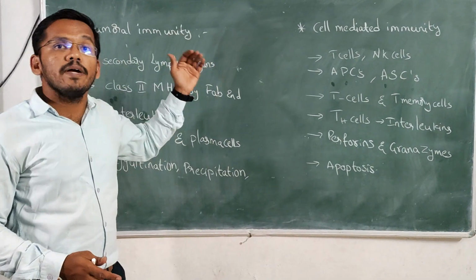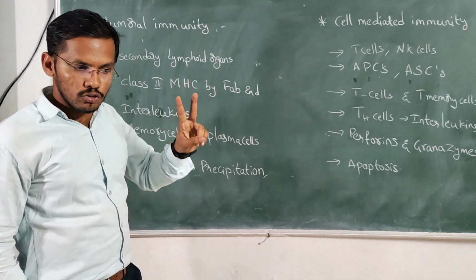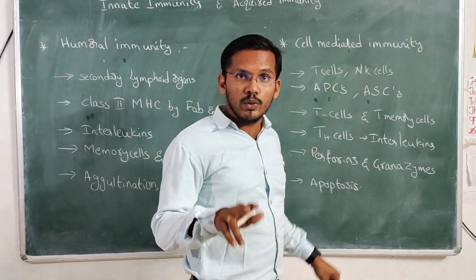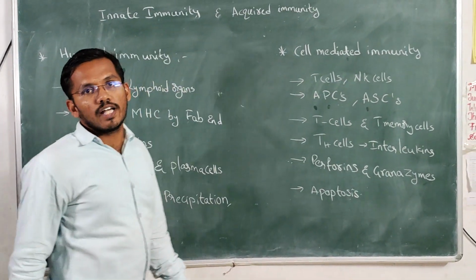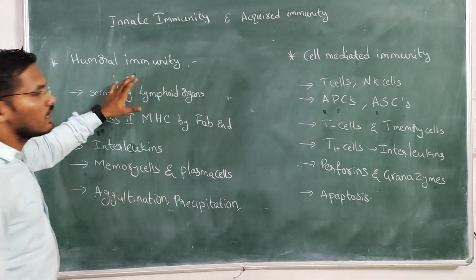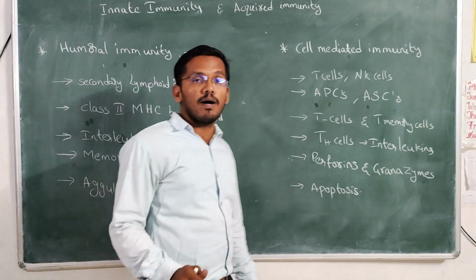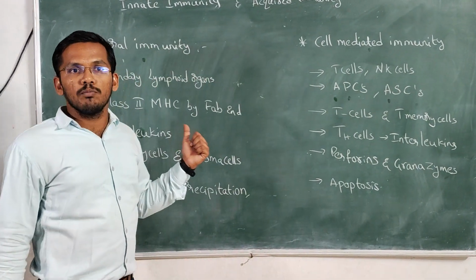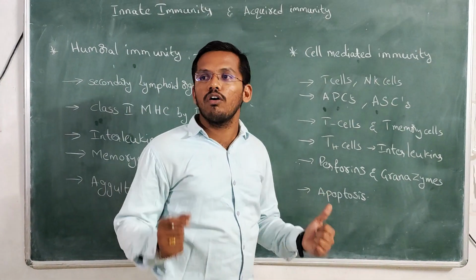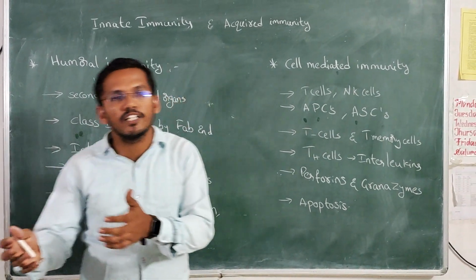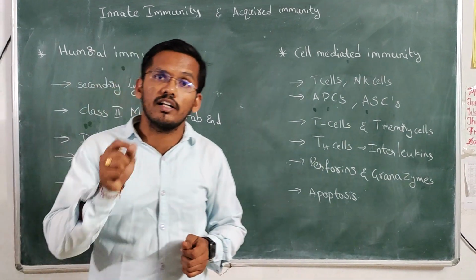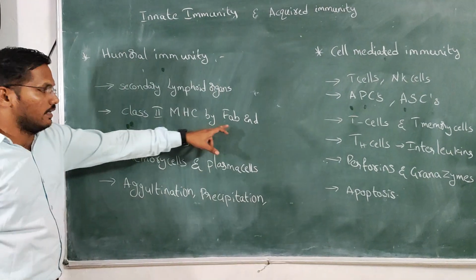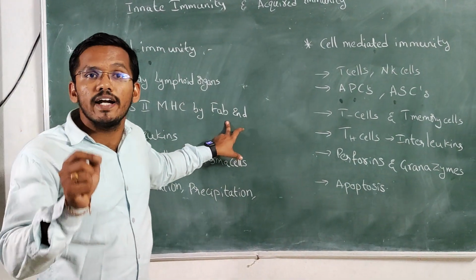Now, based on the types of responses, we have two mechanisms, humoral immunity and cell-mediated immunity, through which the antigens will be phagocytosed or killed. In humoral immunity, the fluid part, the lymph and plasma, plays an important role. Whenever an antigen enters our body, take an example, some bacteria, the antigens related to this bacteria are represented by the FAB ends, fragment antigen binding ends.